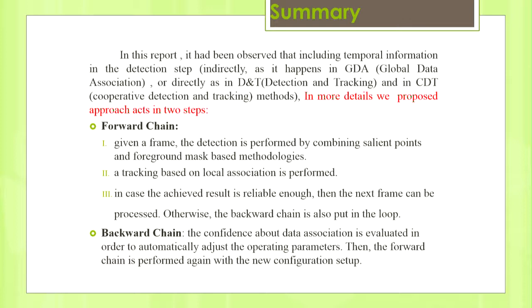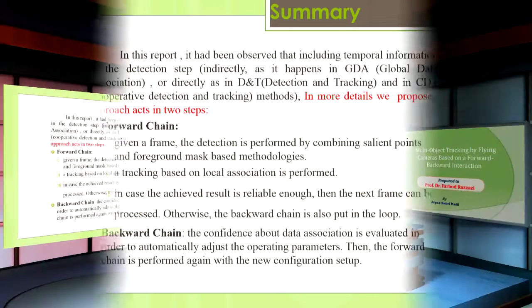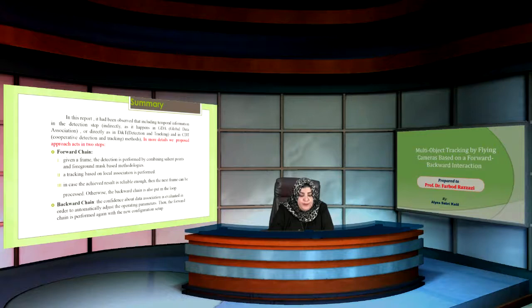A tracking based on local association is then performed. In the case the achieved result is reliable enough, the next frame can be processed. Otherwise, the backward chain is put in the loop. In the backward chain, the confidence of data association is evaluated and the algorithm automatically adjusts the operating parameters. Then the forward chain is performed again with the new configuration.